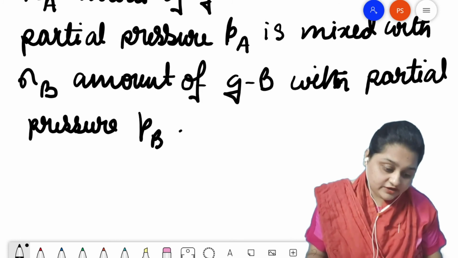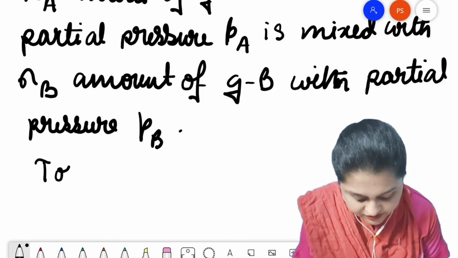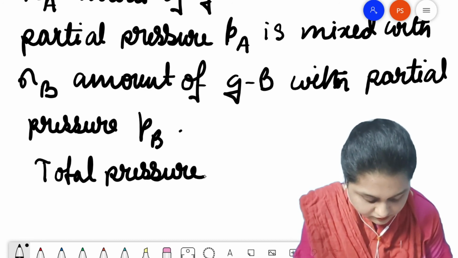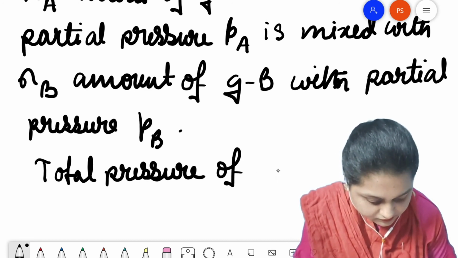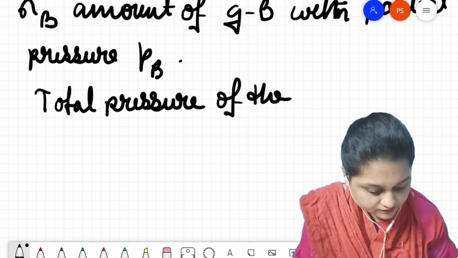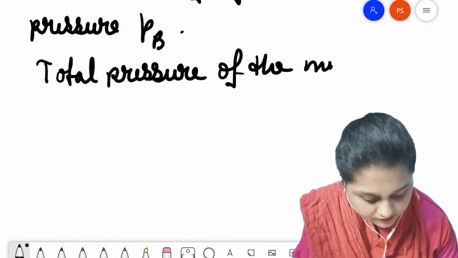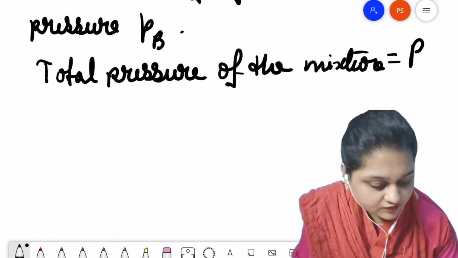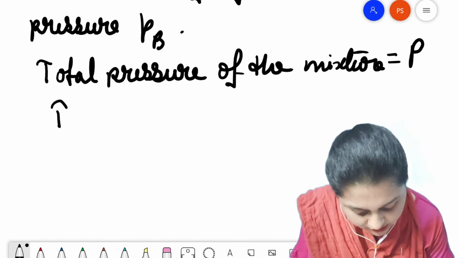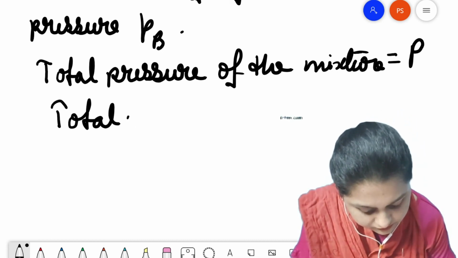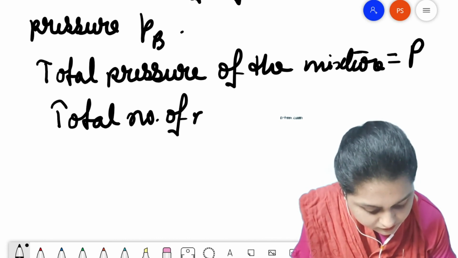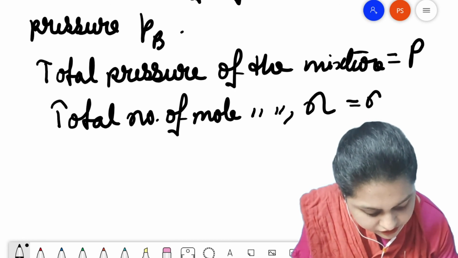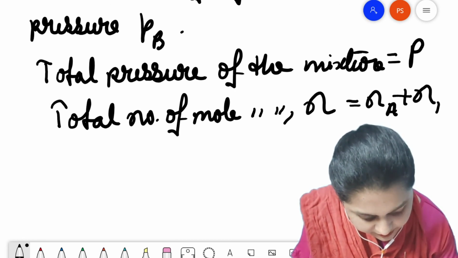Therefore, the total pressure of the mixture that we have created will be equal to capital P. Now, the total number of moles of the mixture will be N equals Na plus Nb.